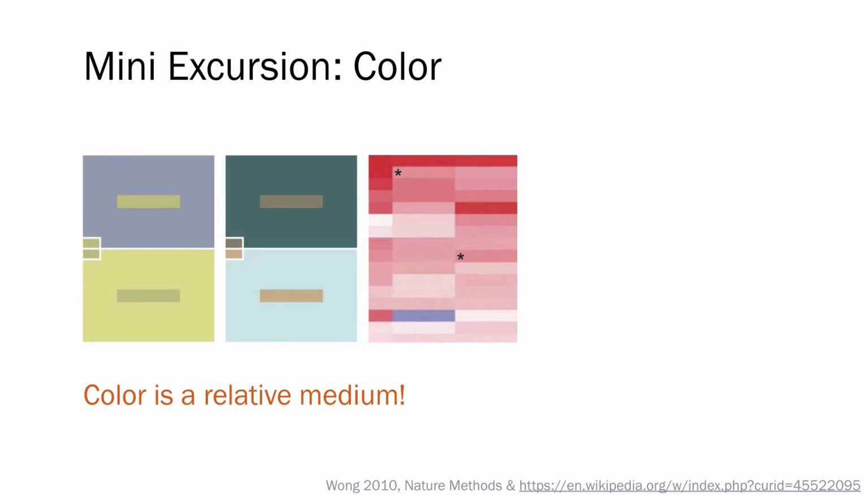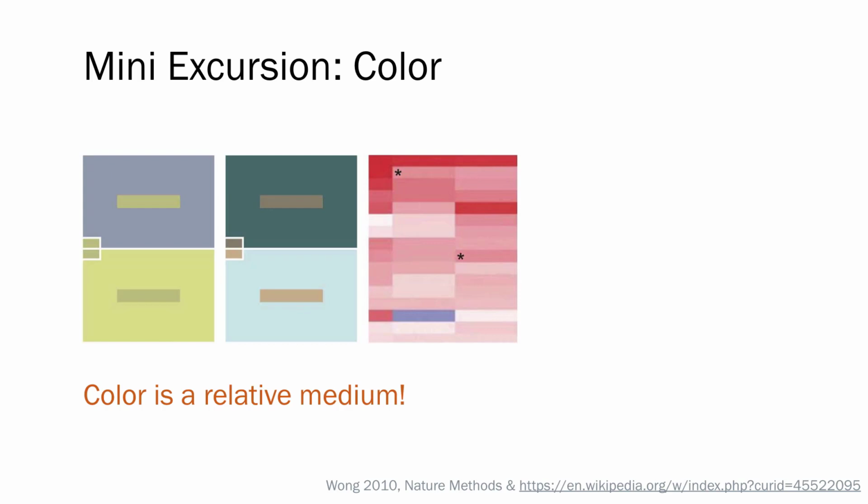Here's the example. I should have known that this is here, and I could have explained it with this example. Here, it looks like 2 different colors, light red and dark red. It's not the case. These are the same color, but this one is surrounded by lighter colors, and this one is surrounded by darker colors, and therefore we perceive it differently. So colors are a relative medium. Keep that in mind.